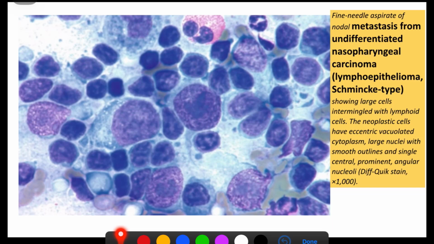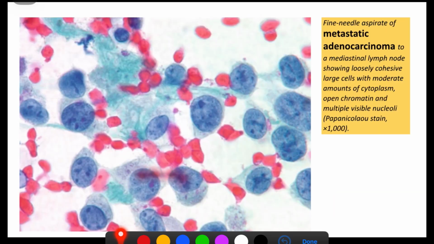So this is a case of undifferentiated nasopharyngeal carcinoma metastasis.